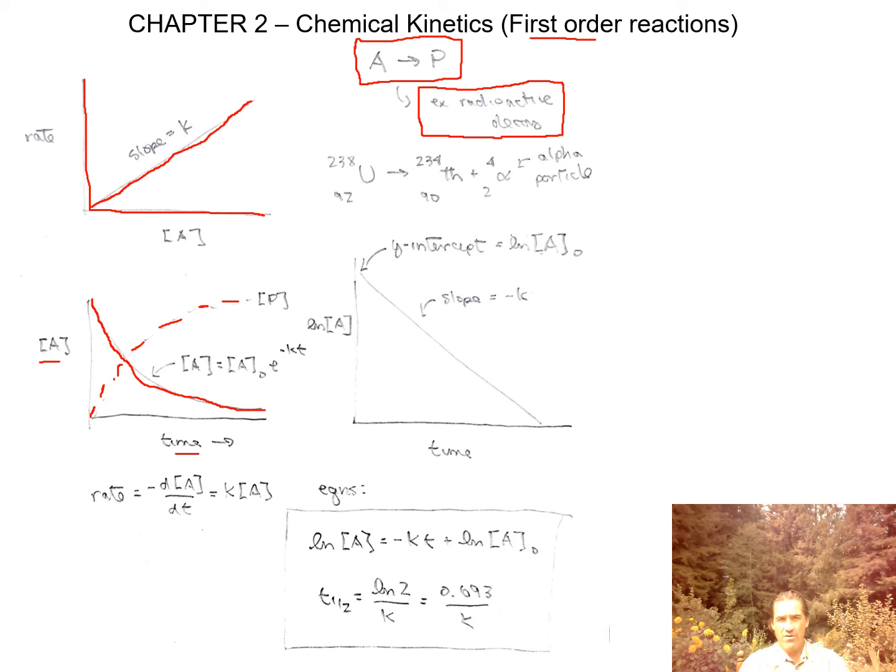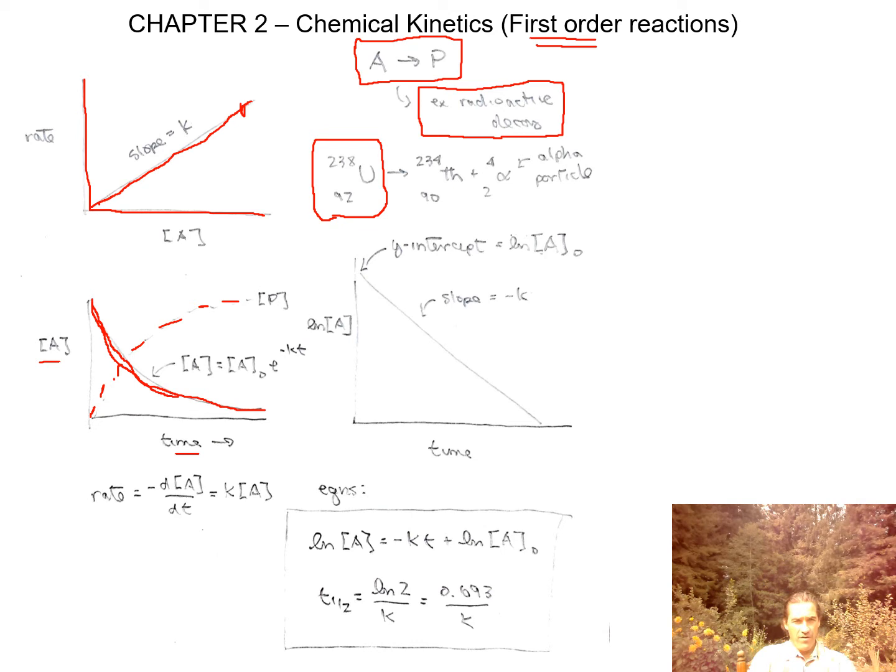But radioactive decay is a very common one where, say you have some uranium-238 and it's just sitting there and it will decompose following first order kinetics, where it'll decompose into thorium-234 and an alpha particle. At higher concentrations, the rate is much faster than at low concentrations. That's what gives us this exponential decay.